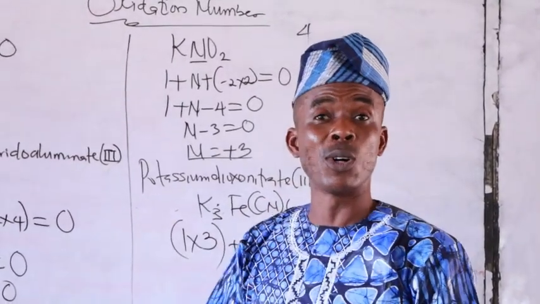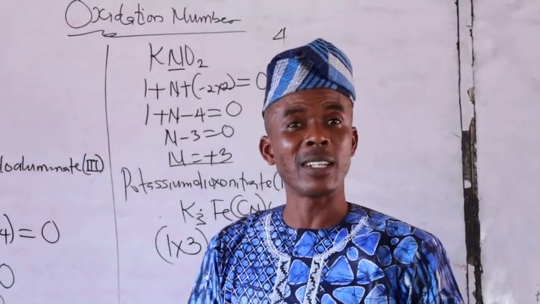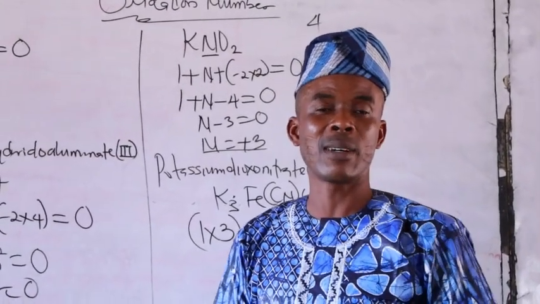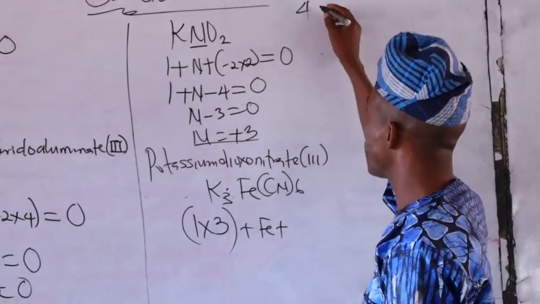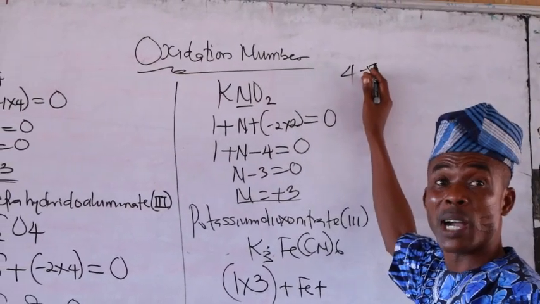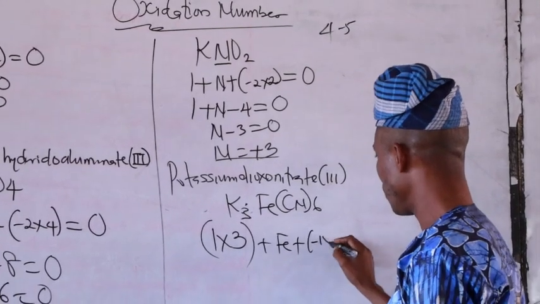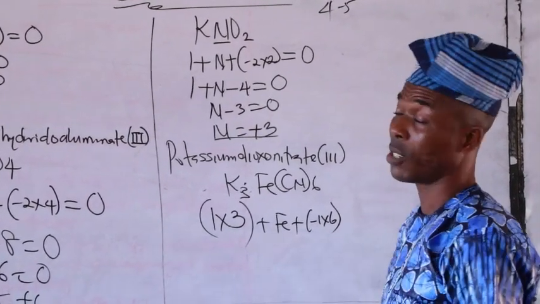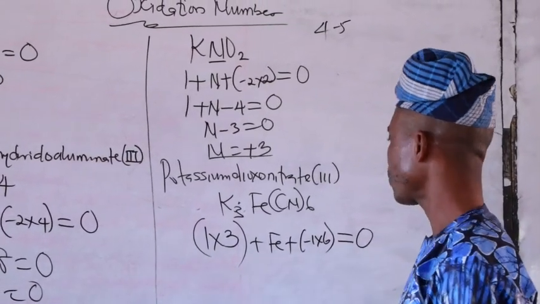Atomic number of carbon is what? 2 electrons in the first shell, 4 electrons at the outermost shell. So automatically you are going to have 5 electrons at the outermost shell for nitrogen. By the time you find the difference between 4 and 5, what do you have? That is why we consider that to be -1 times 6 because there are 6 cyanide groups. And everything together will give us what?